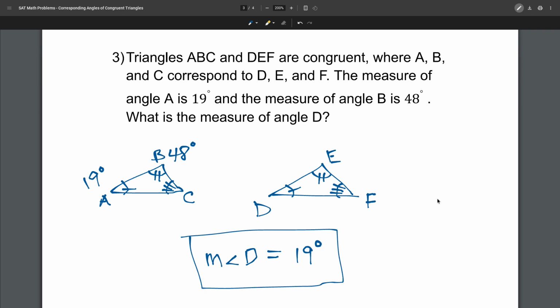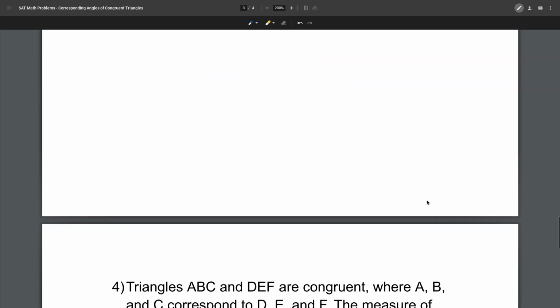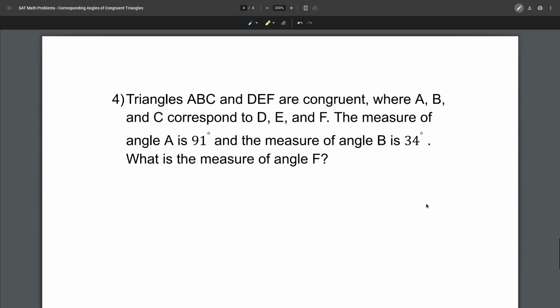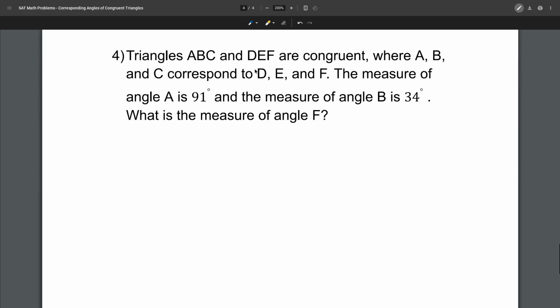All right, let's try one more. Triangles A, B, C, and D, E, F are congruent, where A, B, and C correspond to D, E, and F. Let's draw these out. So we have A. We could do B here this time and C here this time.